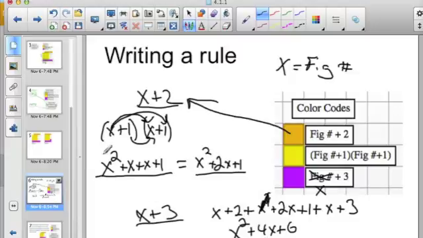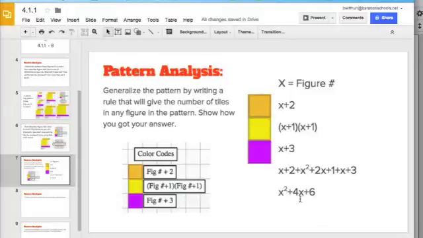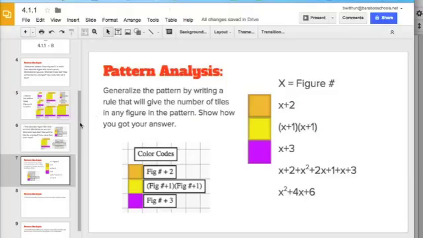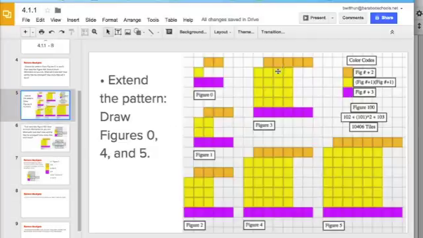Well, let's give it a try. If we go back here, first of all, you're going to see that I have x squared plus 4x plus 6, which is exactly what I have here, x squared plus 4x plus 6. So when you want to test if it works, you can come back here and give it a try. Let's try figure 0. There's 1, 2, 3, 4, 5, 6.